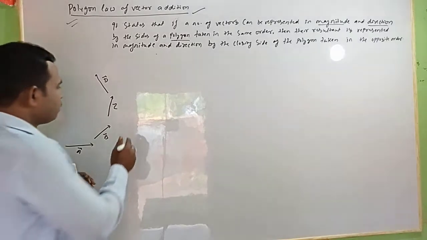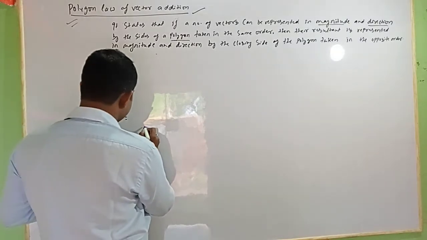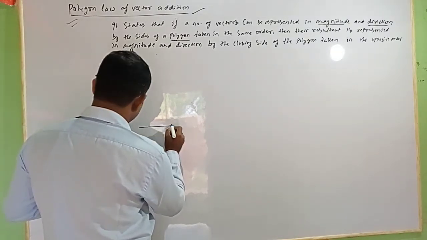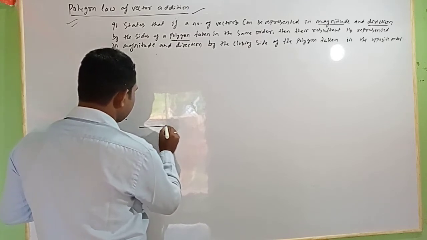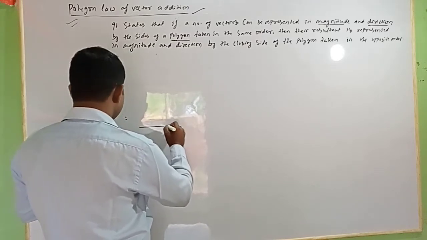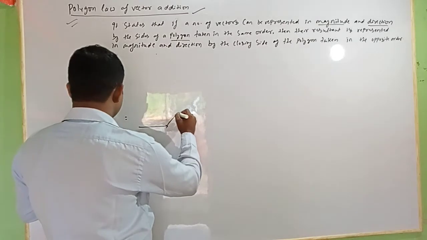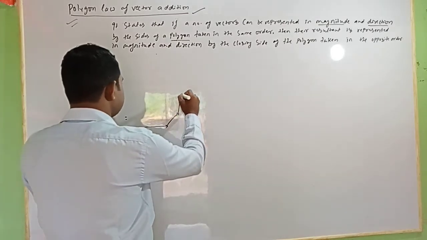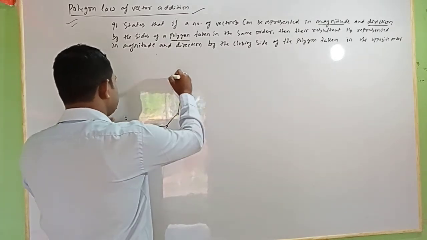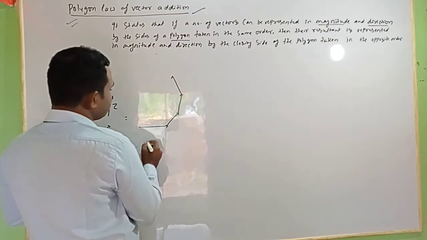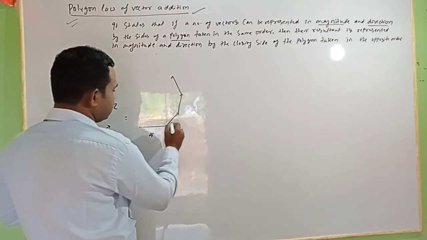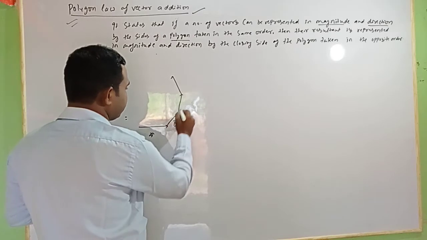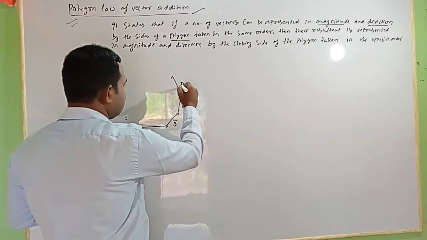Now you can add them. Here is another vector, and this is the third one, and another, this is the vector. So this is vector a, this is vector b, vector c, vector d.